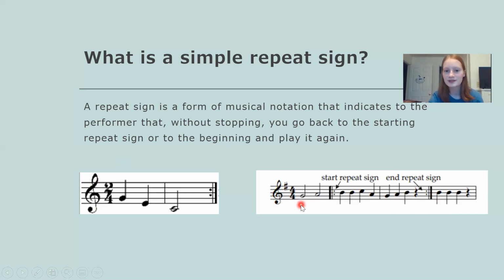So the outline of this little excerpt would be you play measure 1, and then you play measures 2 and 3, and then you take this end repeat sign and go back to measure 2 and play measures 2 and 3 again, and then you go straight into measure 4, and that is the end of the excerpt.